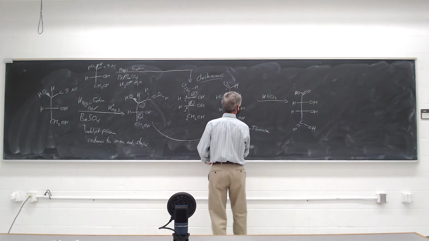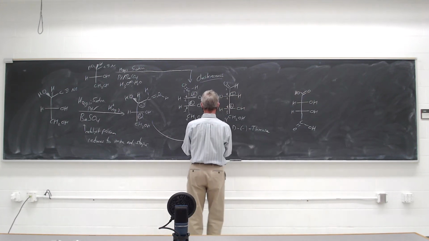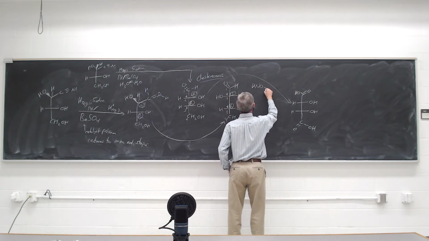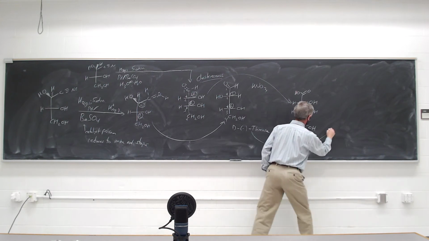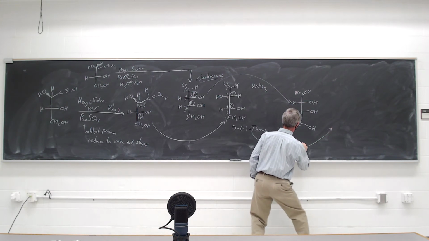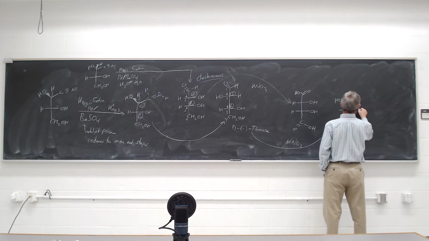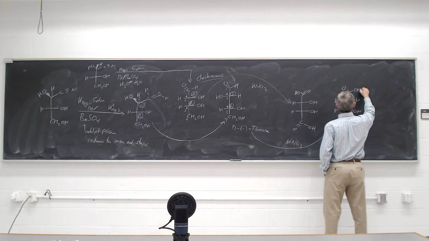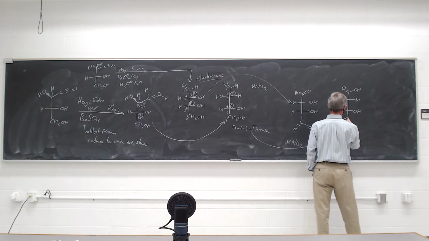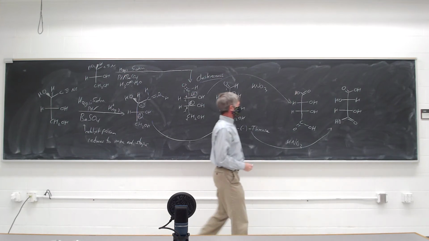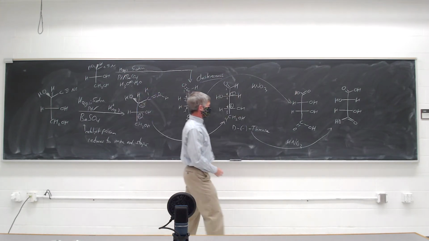All right, so one comes from here. Treat this one with HNO3 and make that, by oxidizing the two ends. These are called aldaric acids.